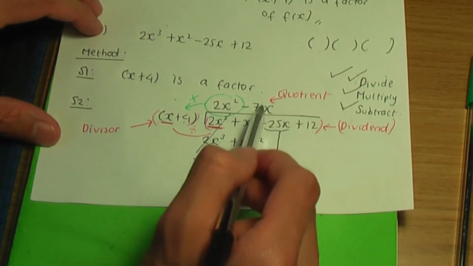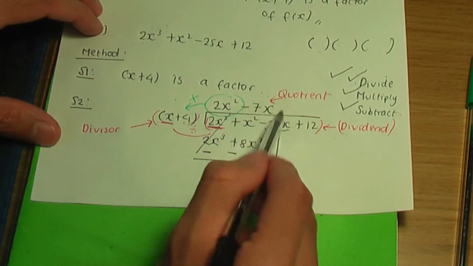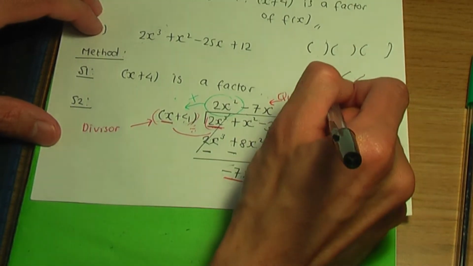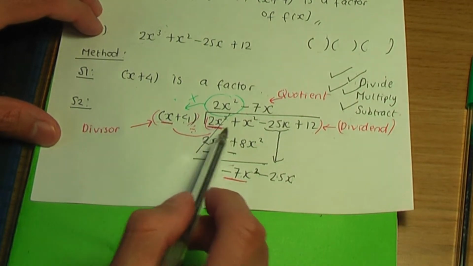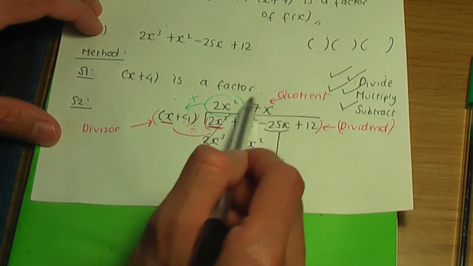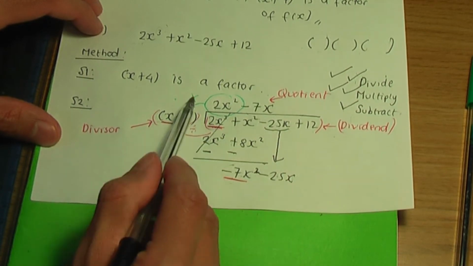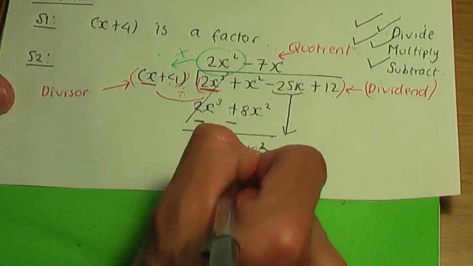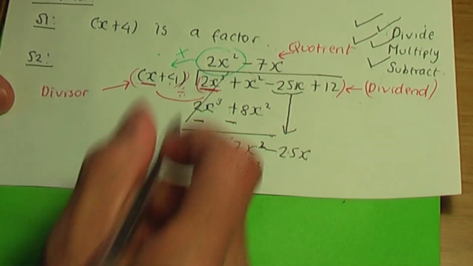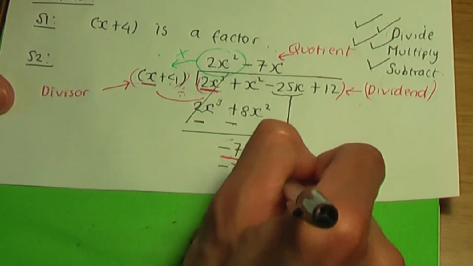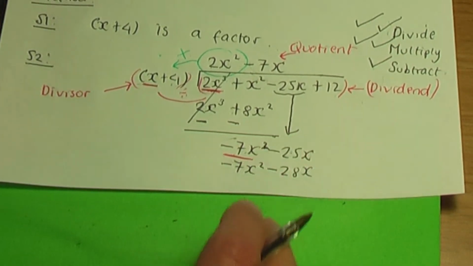Remember, whenever you divide, put the outcome as part of your quotient. And what happens next? Multiply. Now we multiply the minus 7x by x plus 4. Minus 7x times x is minus 7x squared. Minus 7x times plus 4 is minus 28x.